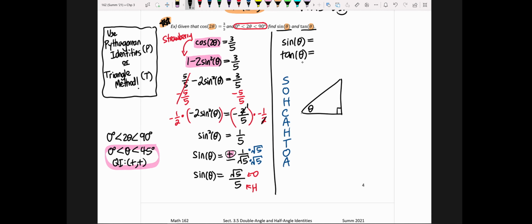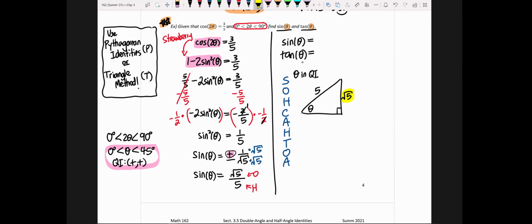If theta wasn't in quad 1, we would use a reference angle. So we'll just note here, theta in quad 1. Okay, so sine of theta is root 5 over 5. That means in our right triangle, the ratio of opposite to hypotenuse is root 5 to 5.